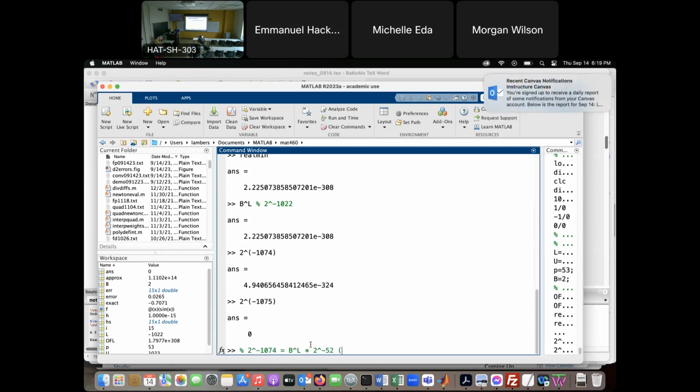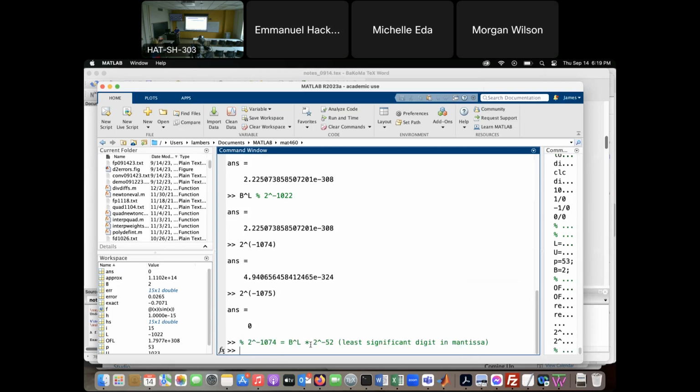That's the least significant digit in the mantissa because the precision p is equal to 53. That gives you 2 to the 0, 2 to the minus 1, etc., all the way down to 2 to the minus 52, 53 digits total.